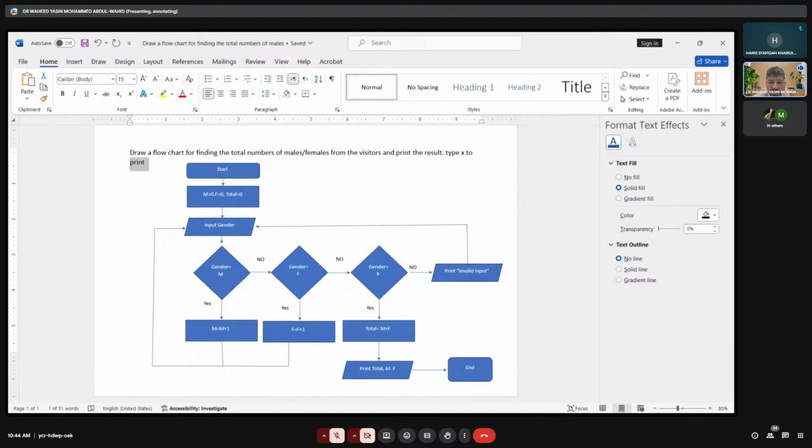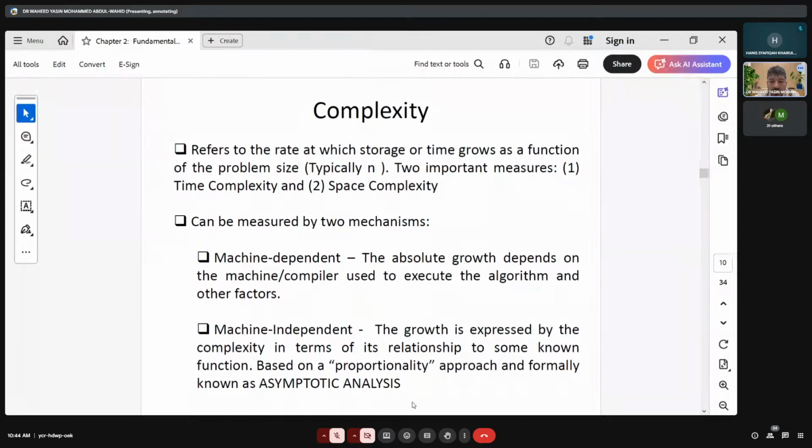Now, we continue our... so here, complexity refers to the rate at which storage or time grows as a function of the problem size, typically n.